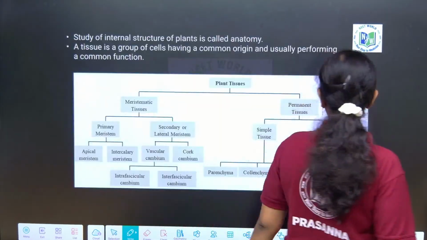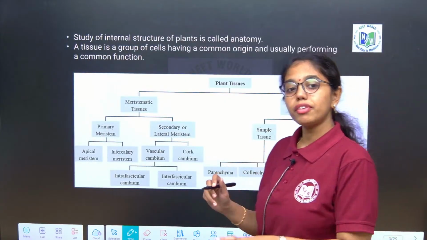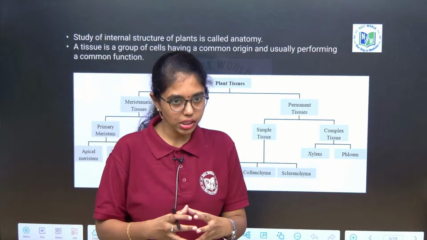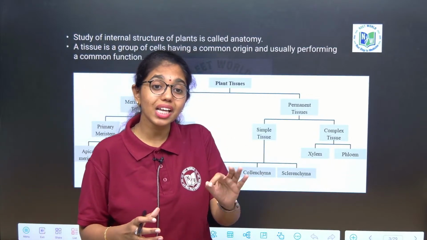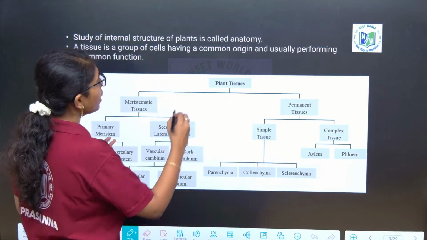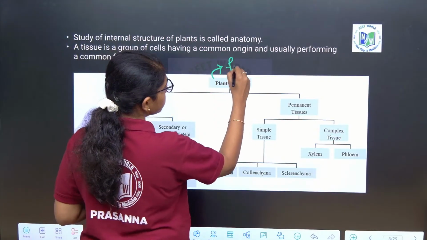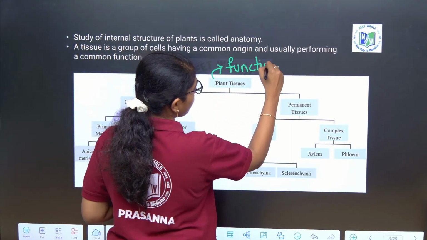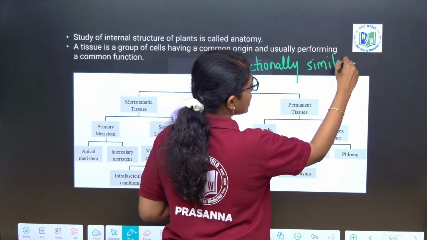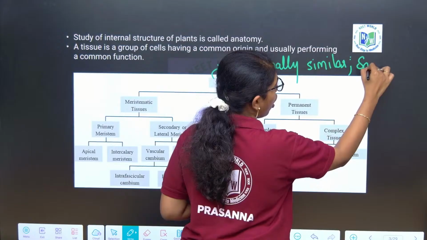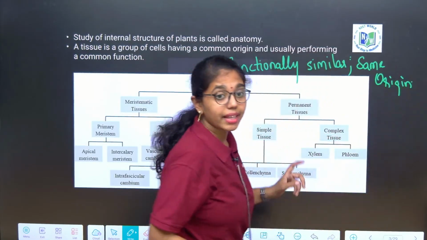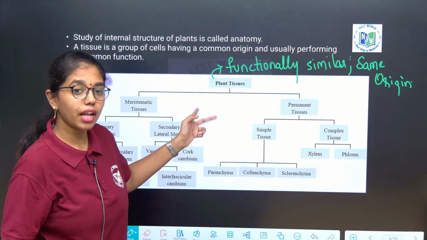So, first, the basic definition of tissues. What do you call tissues? Tissues are a group of cells which are functionally similar and which have the same origin. All the cells in the tissue will have the same origin, but they can be structurally similar or dissimilar.